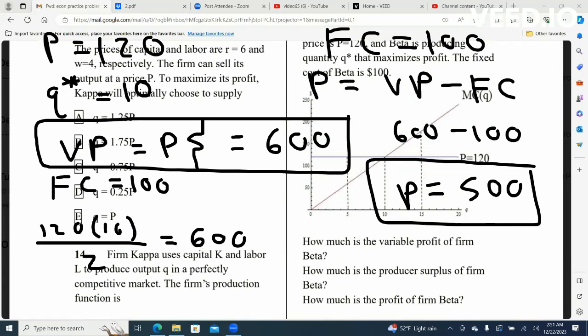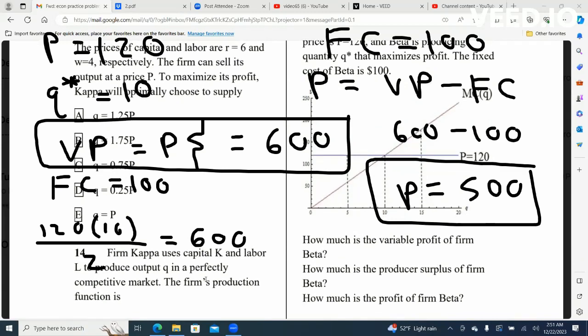Okay, so they go through all this. How much is the variable profit from firm beta? I get 600. How much is the producer surplus? Also 600, the same definition.